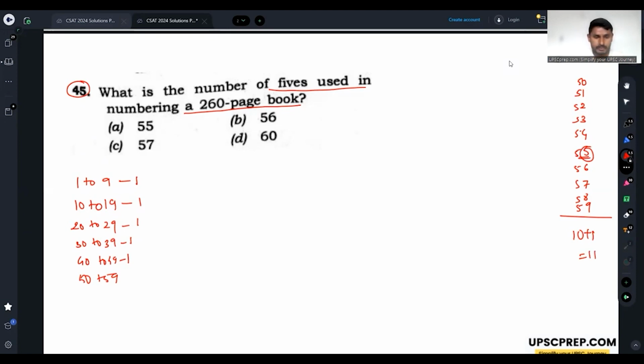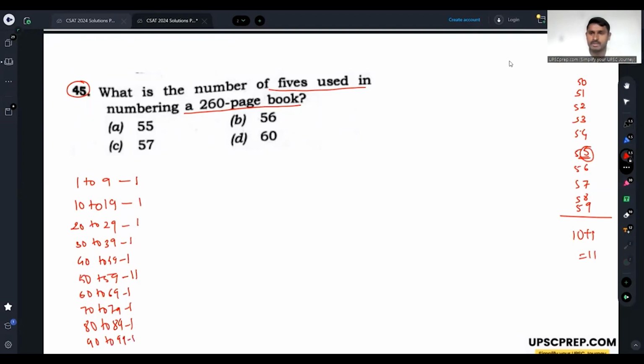So from 50 to 59, 11 times 5 will be used. Then from 60 to 69, again one time. 70 to 79, again one time. 80 to 89, again one time. 90 to 99, again one time.